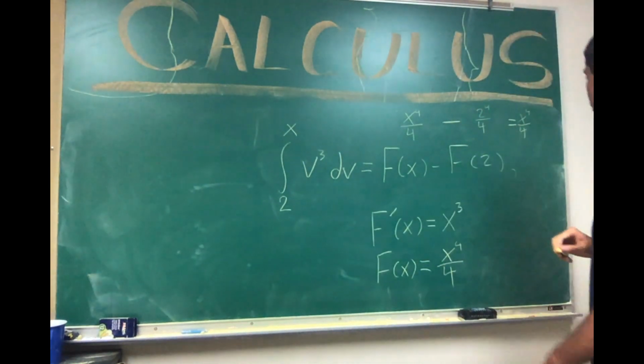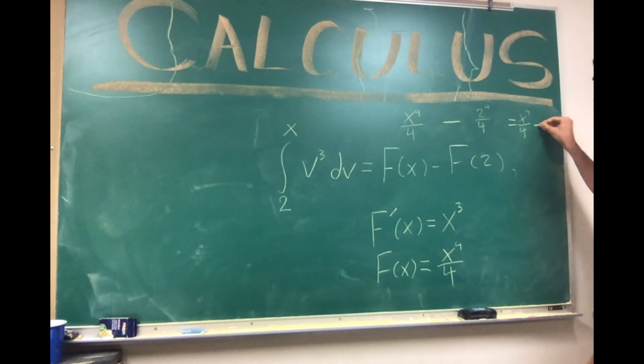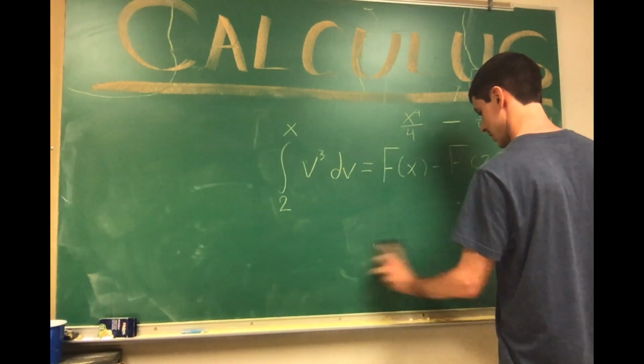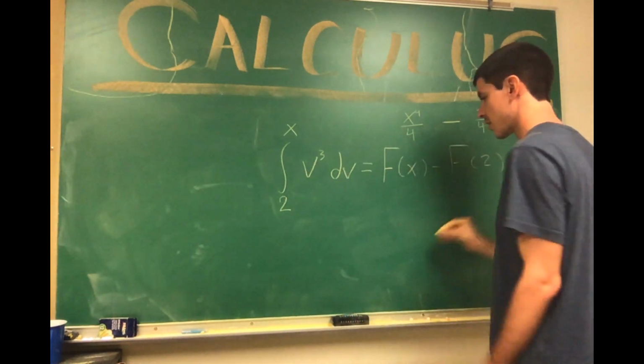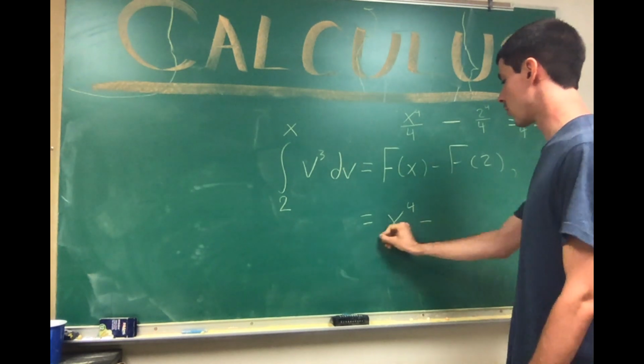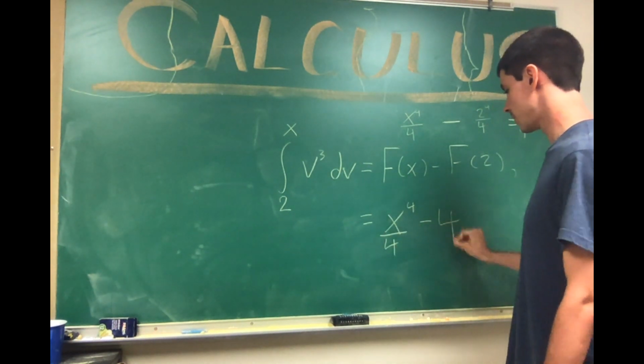And 16 divided by 4 is 4. So this integral is x to the fourth over 4 minus 4.